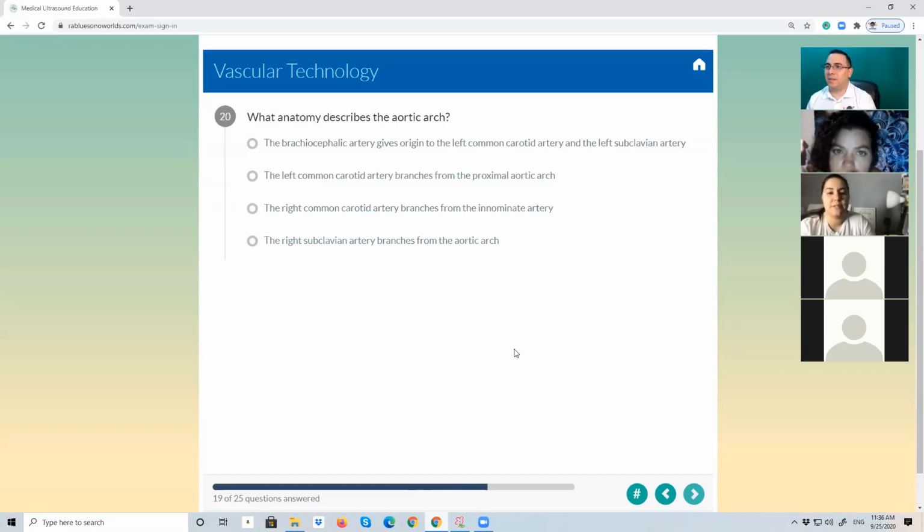What anatomy describes the aortic arch? What are the branches of the aortic arch?